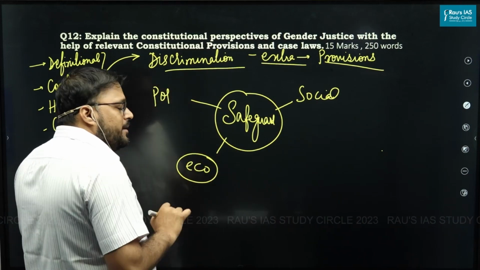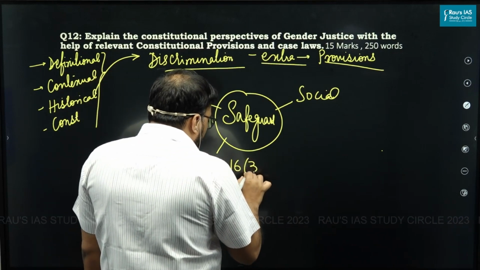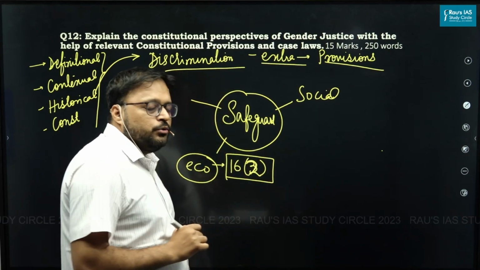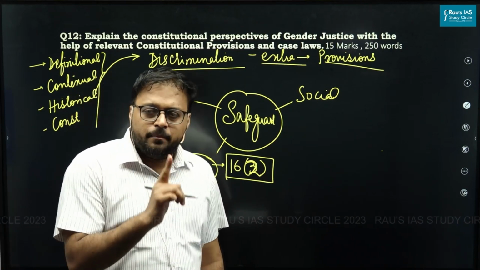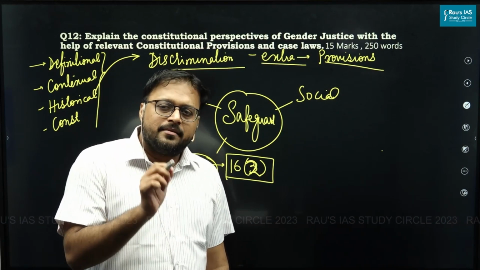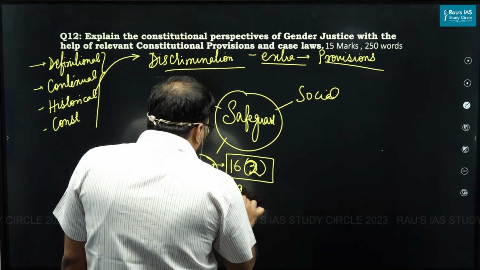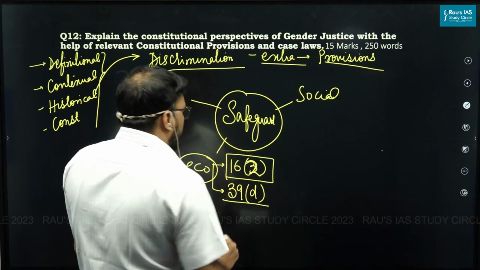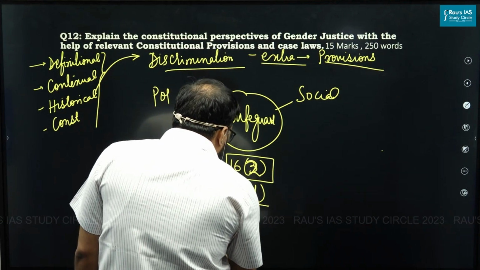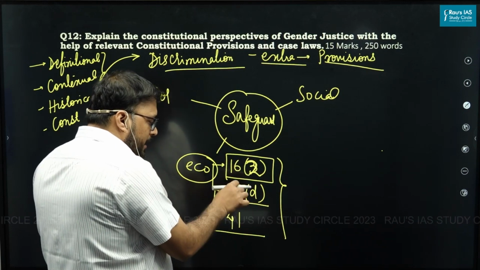So under the economic safeguards, one of the articles that we can use from fundamental rights is 16 clause 2, which says that there should not be any discrimination in the matter of public employment on the basis of sex. Likewise, article 39D talks about equal pay for equal work. Then article 41, that is right to work, which will be applicable on men and women equally.